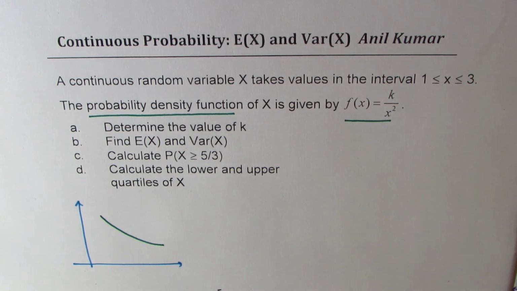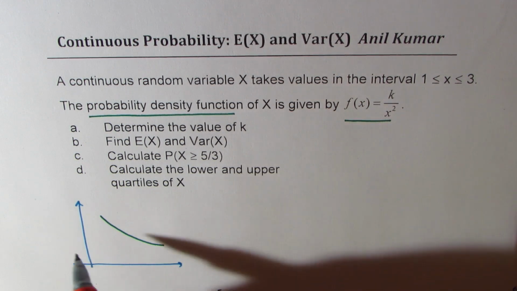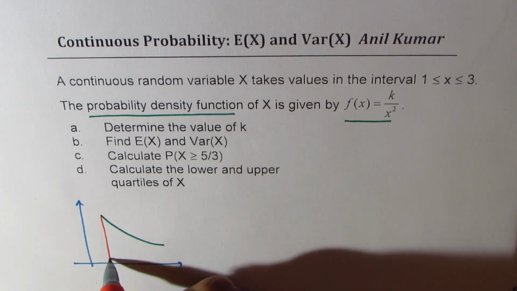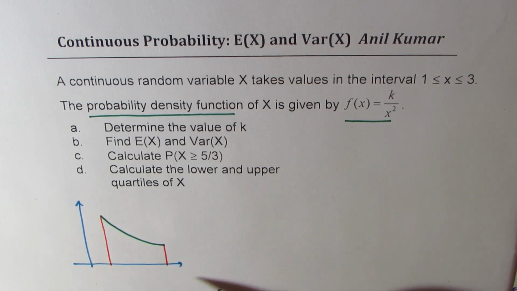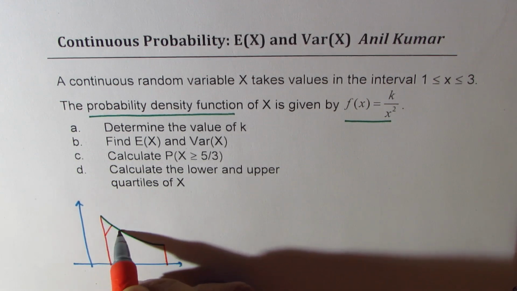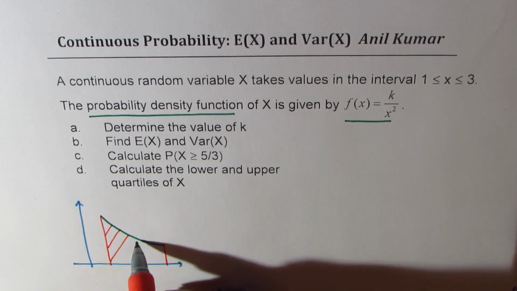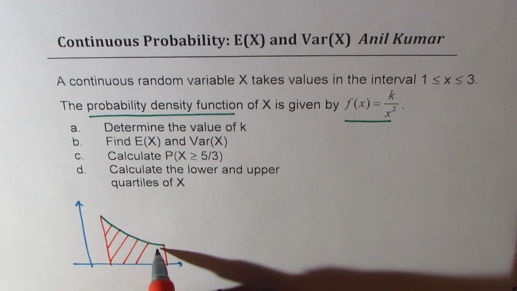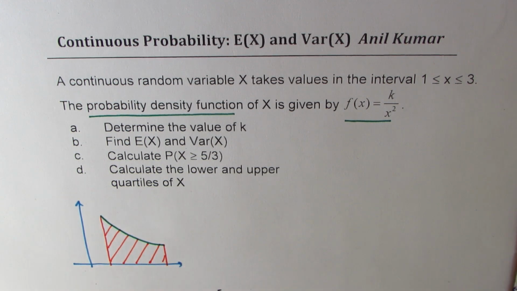Now, we need to find the value of k. Now, for any probability density function within a given closed interval, the area under the curve should be 1, right? So, we need to calculate this area. If this area is equal to 1, then it is a valid function, right?